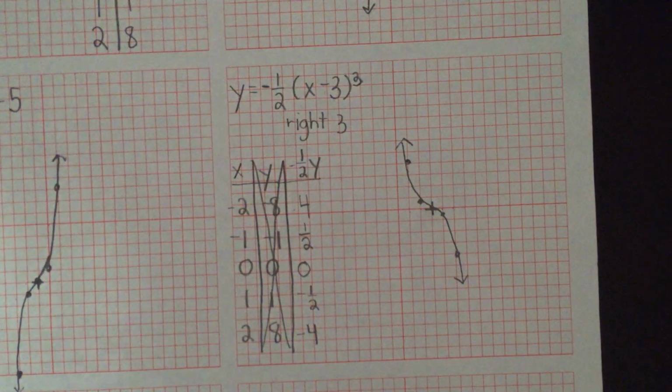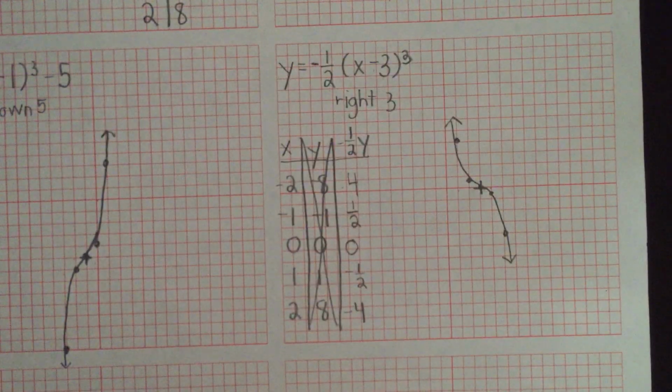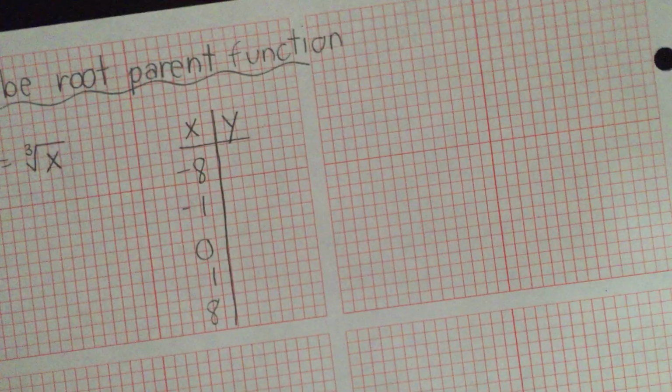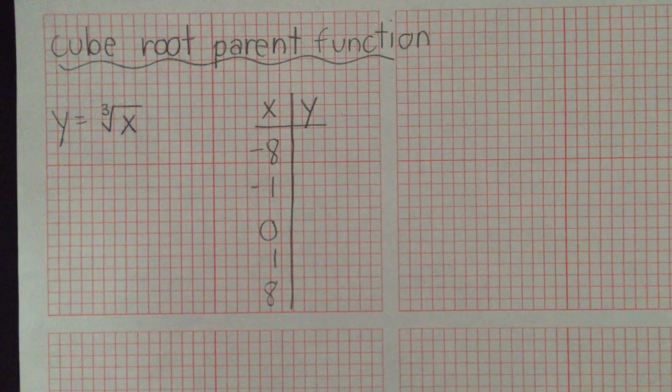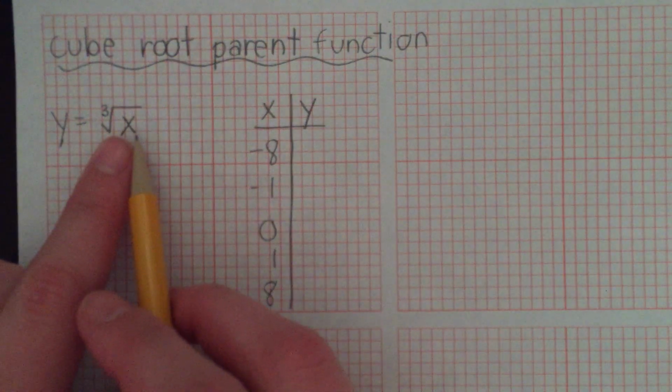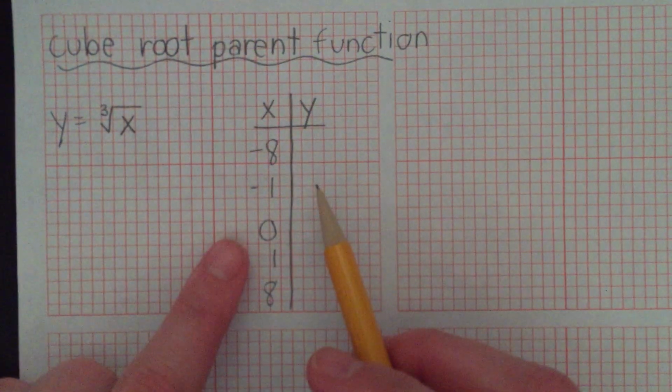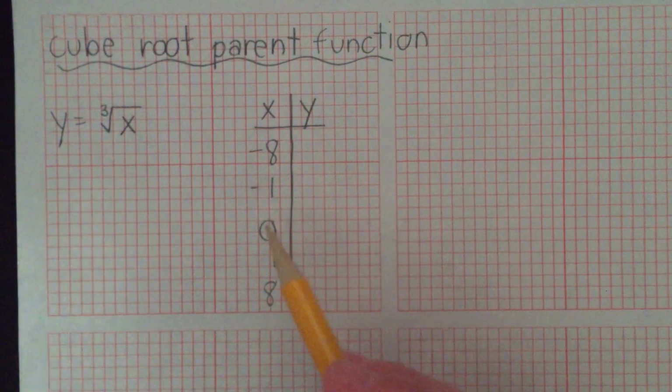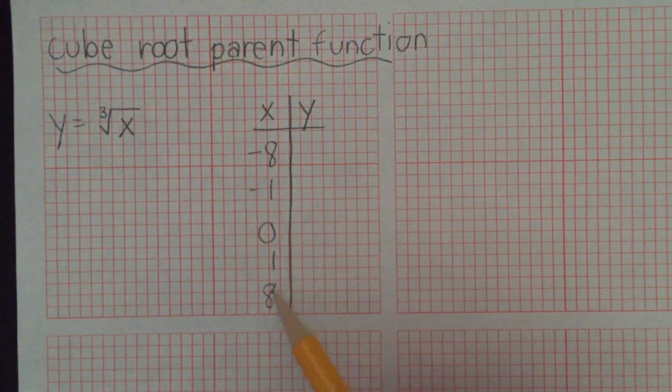Okay? Next, I have a new graph for you. It is called the cube root parent function, and that is y equals cube root of x, where my original x values are -8, -1, 0, 1, and 8.